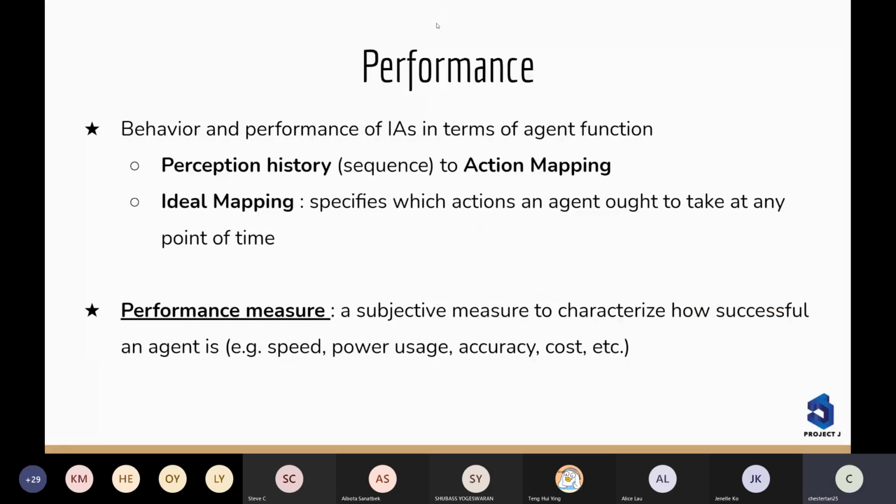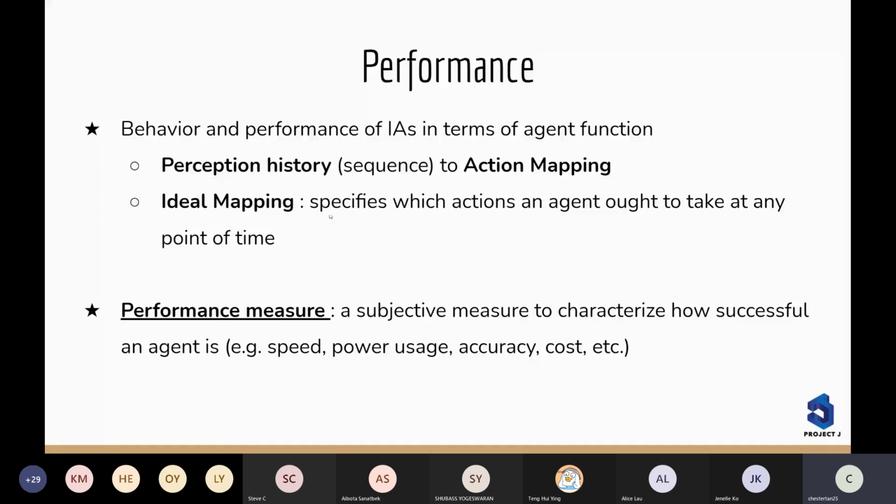Okay, so next part is the performance of the agent. The behavior and performance of our intelligent agent, in terms of the agent function, is the perception history to action mapping. This means we need a very good action mapping based on our perception history, or perception sequence.